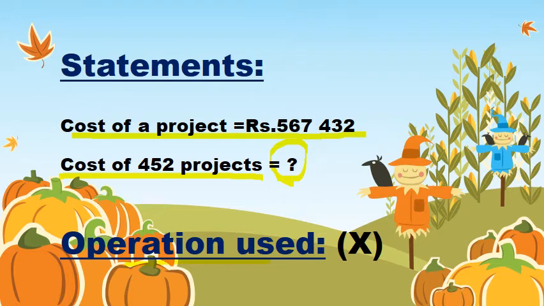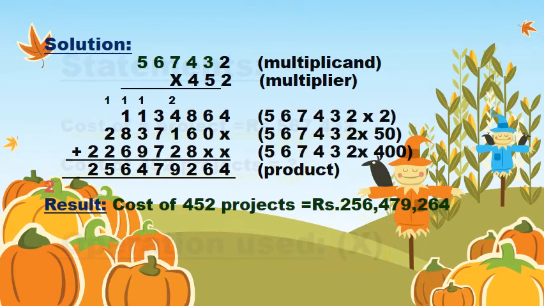Operation we will use is multiplication. Multiply 567,432, that is a multiplicand, by 452, that is multiplier.